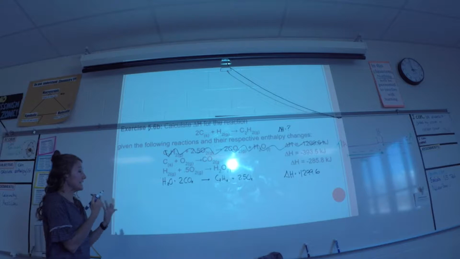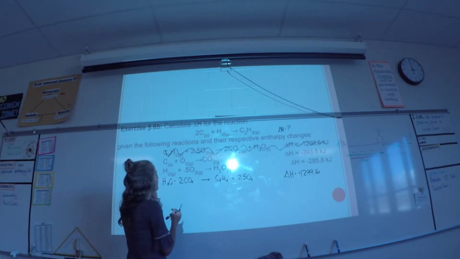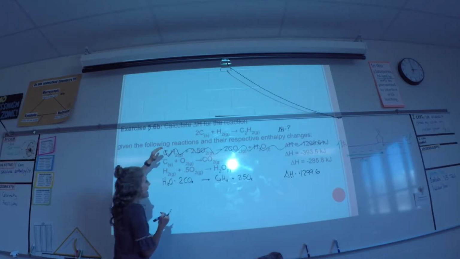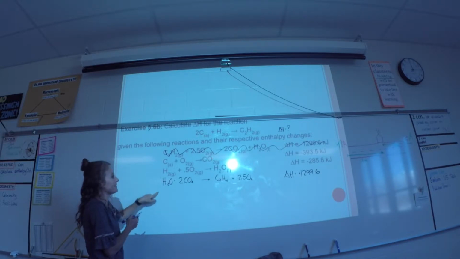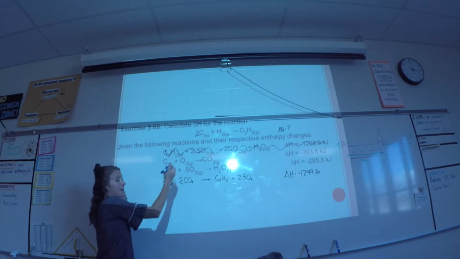Okay, now notice something else in this one. In my end product, I need 2 carbons. I only have 1 carbon on the left side of the arrow, even if I add them all together. So what that means is I'm going to take this reaction so that it can match here and multiply everything by 2.